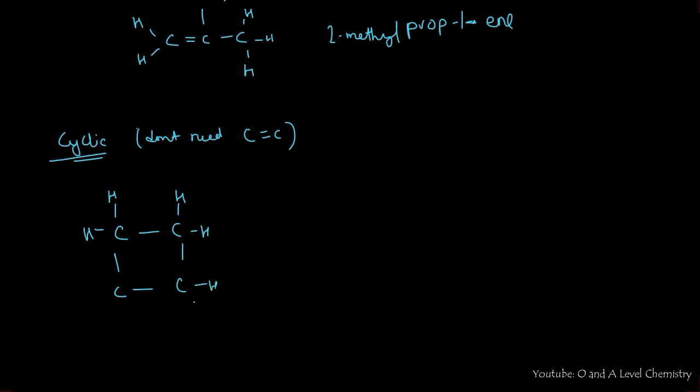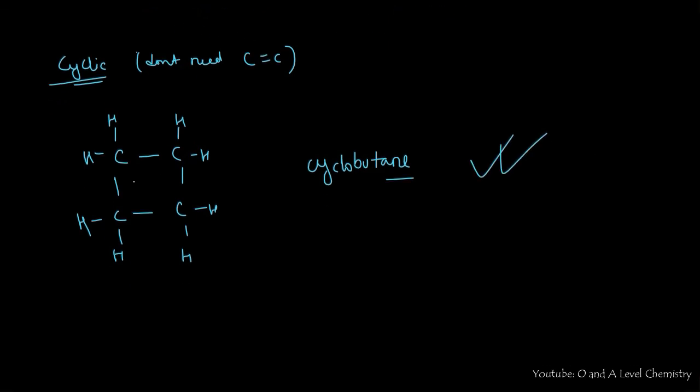Same here, I can add 2 hydrogens. So if you check it, you would have 4 carbons and 8 hydrogens. So you would call this cyclobutane. Notice you're saying butane because there is no double bond. So this also works. This is good. So these are the ways you can do it.